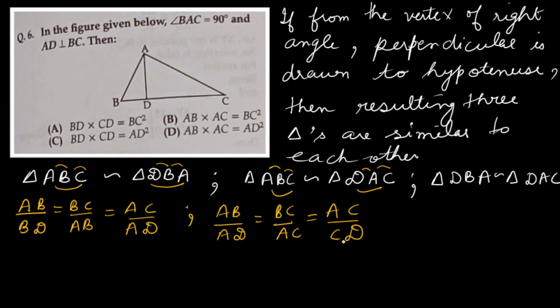Here also I will get AC square, so those options are not there. Let's write this ratio once again.